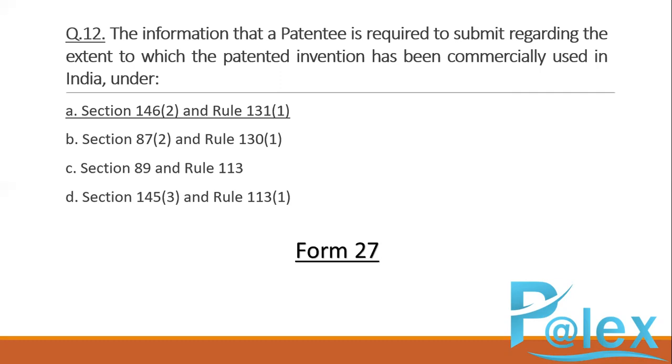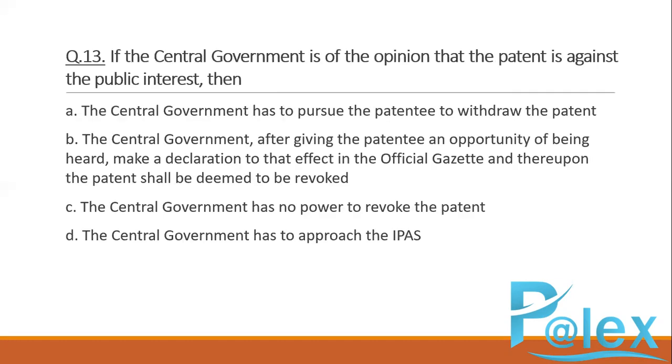Form 27 is the form which has been in discussion in last few years because of various reasons, but this is that form and section which is required for providing the commercial availability of the products for those products which are patented.